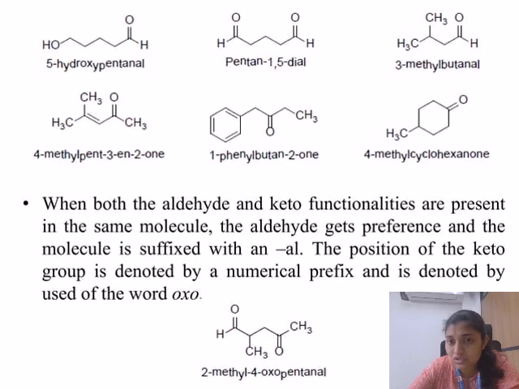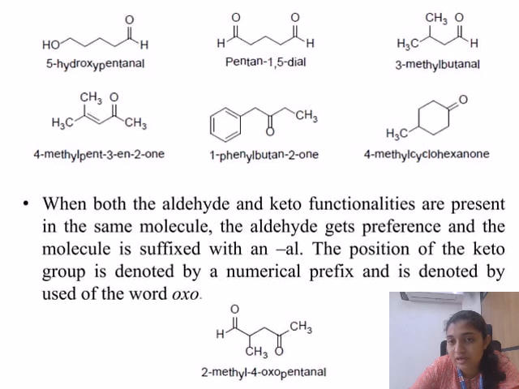Coming towards the next structure, here you can find a 4 carbon chain. So we can say butane when we are talking about the alkane chain. But here on the first position, you can find the CHO group, as well as on the third position a methyl substitution, CH3.